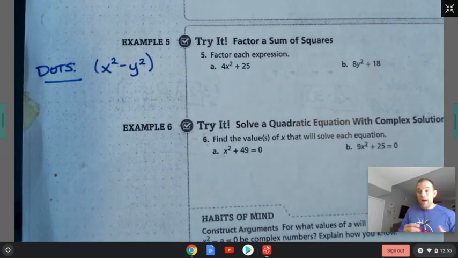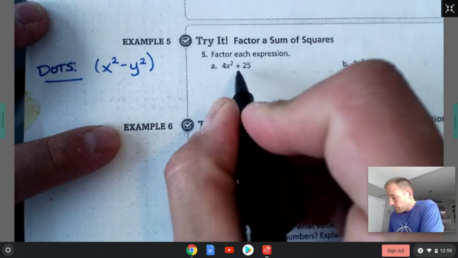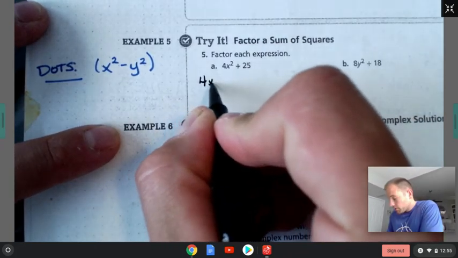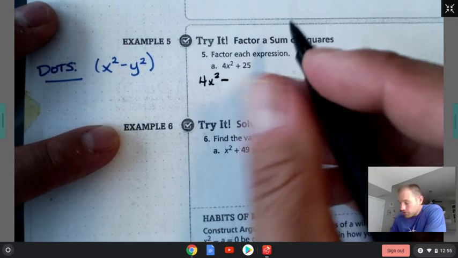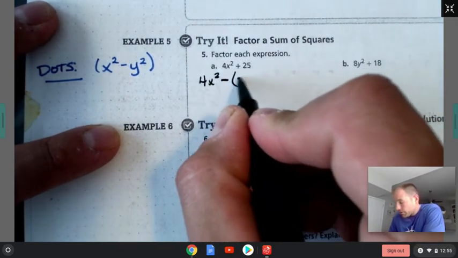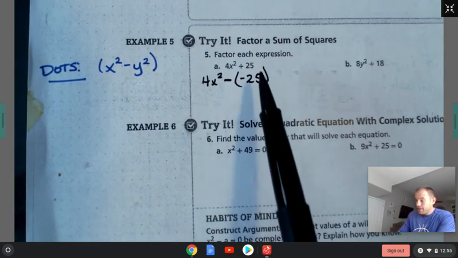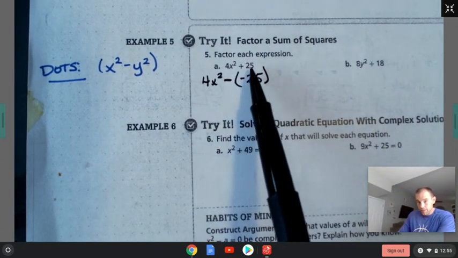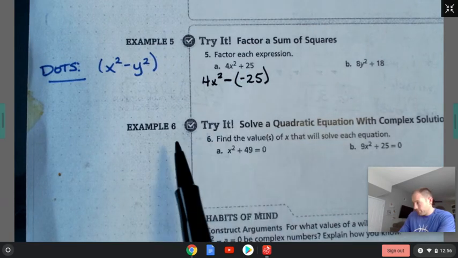So we're going to do the opposite of what we did on that subtraction problem a minute ago. So, for example, I could change this plus sign to a minus, and if I changed it to a minus, that would make the positive 25 become negative 25. These two are exactly the same because a negative and a negative make a positive, right?